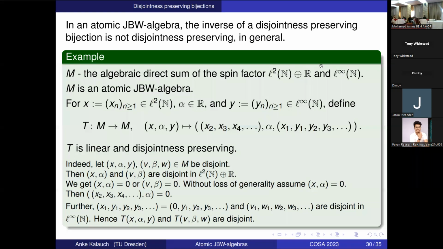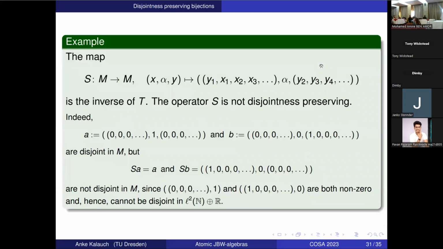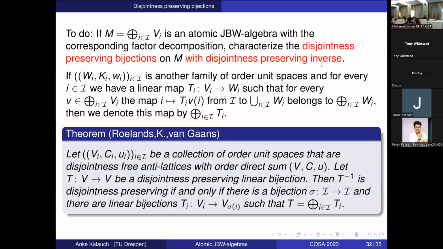Let's look at the inverse. This operator S, this inverse of T, and here one sees this is not disjointness preserving anymore. So in general, we cannot expect such nice results as in the Banach lattice case. So we had to modify our question. Can we characterize those bijections, those disjointness preserving bijections that have a disjointness preserving inverse?